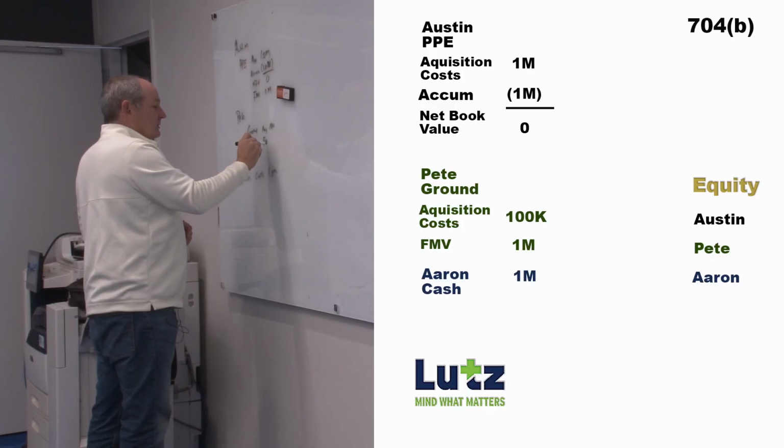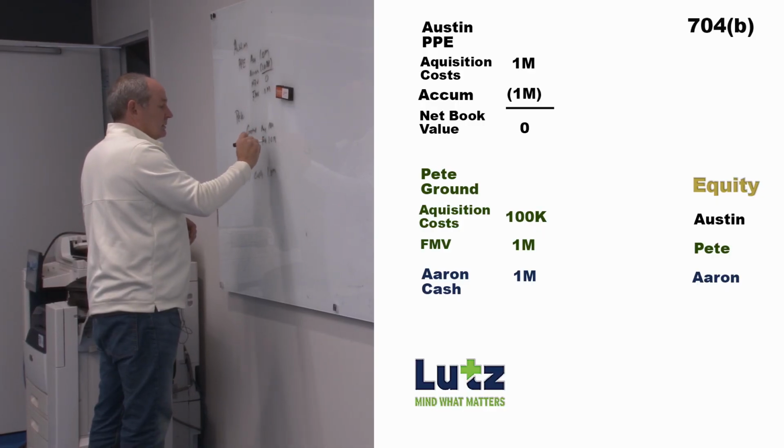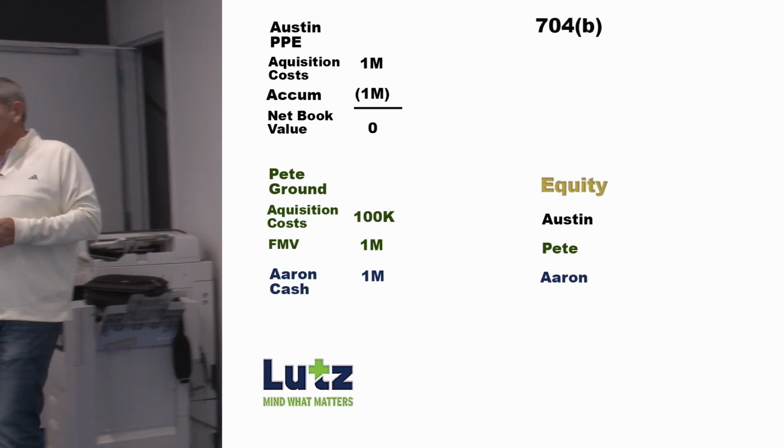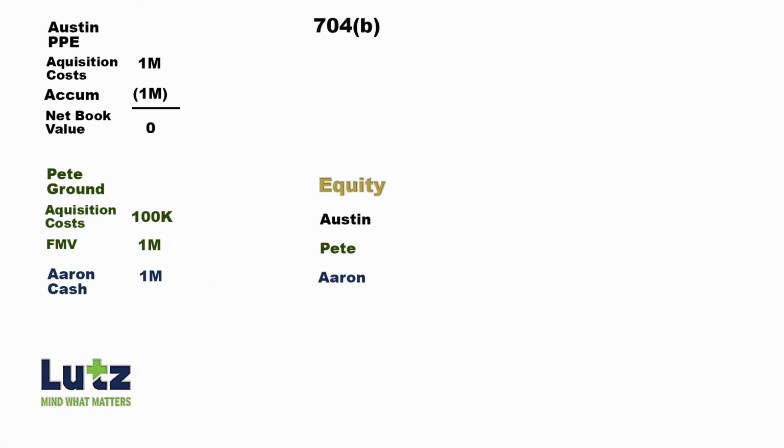Okay, so we can now say Austin's piece is 1 million of value, correct? And we can say Pete's ground is fair market value, 1 million, correct? Because we infer that based on Aaron's contribution of cash.